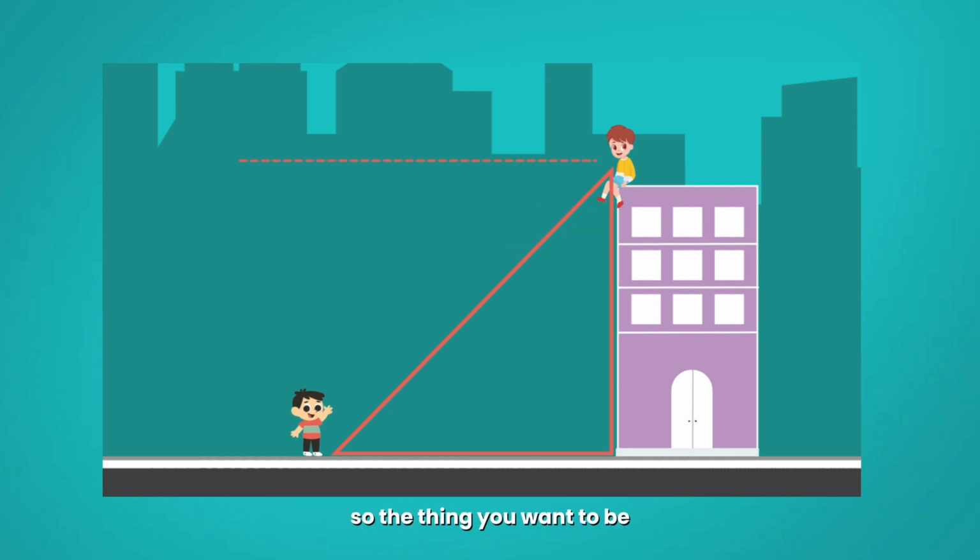So the thing you want to be very careful about with an angle of depression problem is to always draw in the horizontal line, because until you do, you can't really see your angle of depression. As soon as you put the horizontal line in, then you can see that this is the angle that you are in fact looking down from horizontal at your friend.